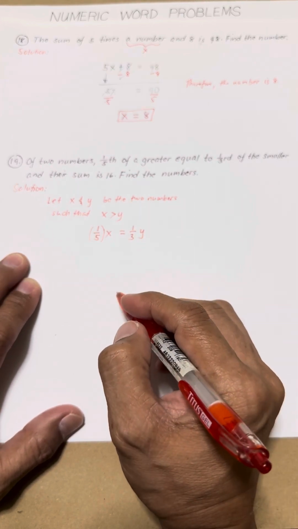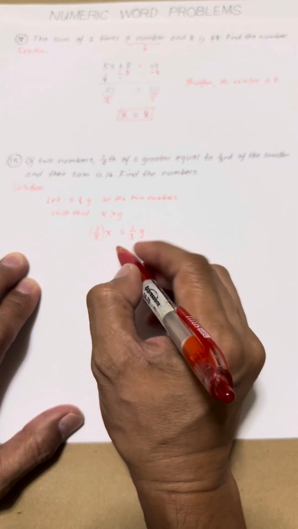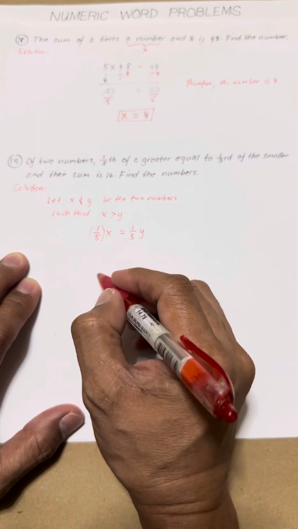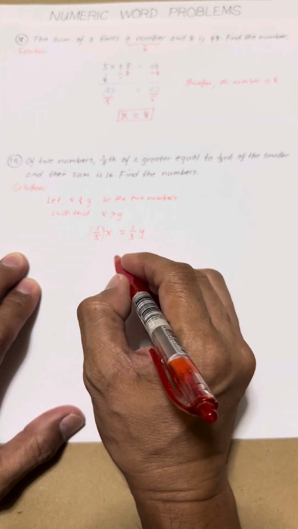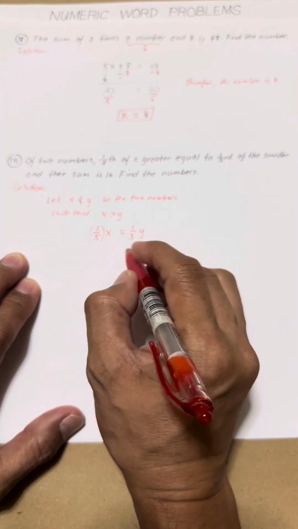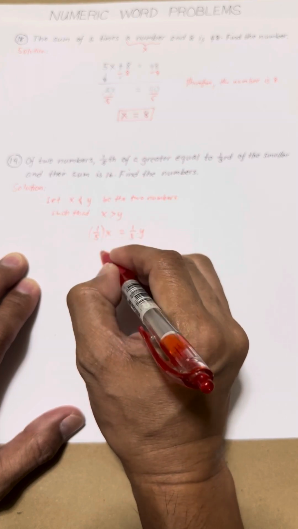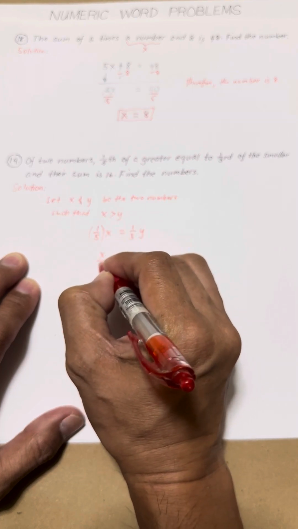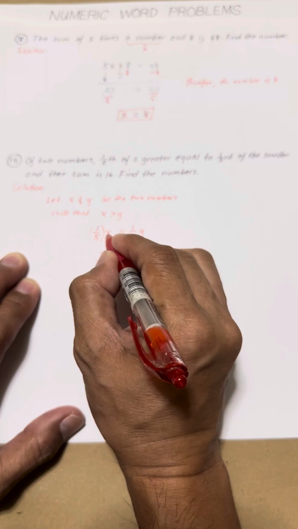Expressing this equation, we can write this as x/5, because this is just understood over 1.